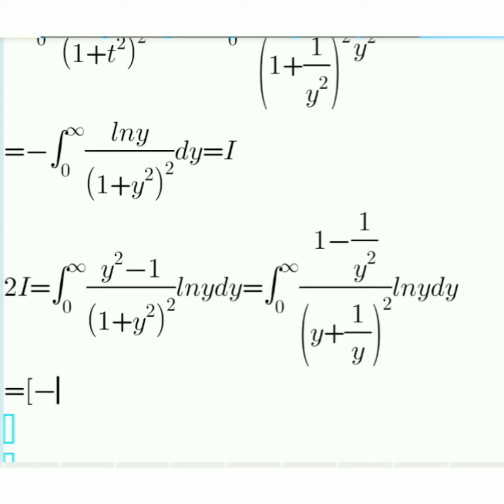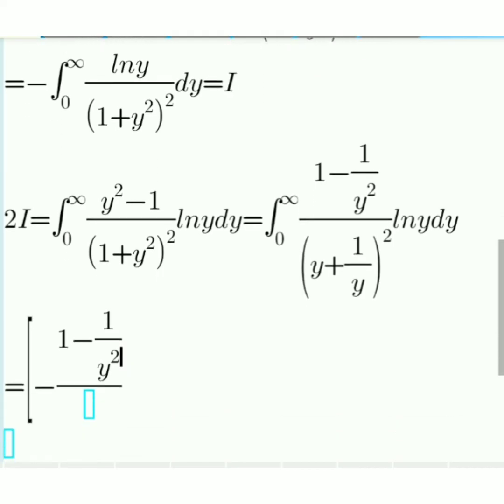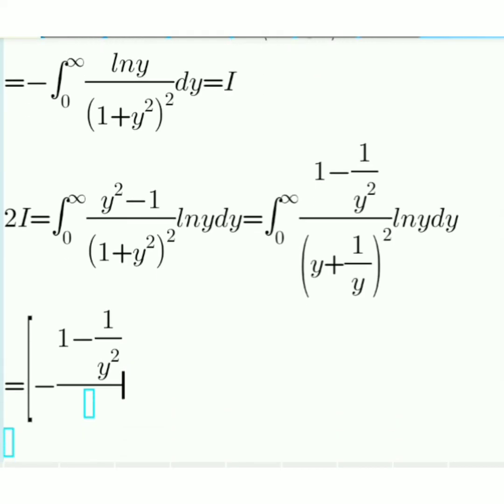So now I get 1 minus 1 by y square, and when I integrate by parts, then I get 1 by y plus 1 by y, 1 plus 1 by y, and ln y.